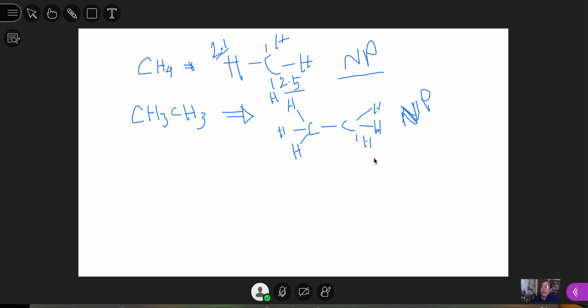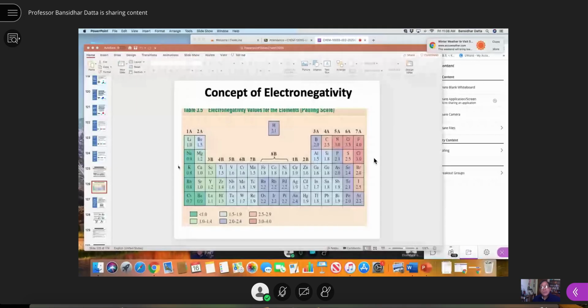Can you see the table now? Yes. So look at carbon, group 4A, 2.5, hydrogen is 2.1, fluorine is 4.0 maximum, oxygen is 3.5, chlorine is 3.0, and it goes on this way. These are all non-metals, right? I'm taking from there, and when I ask a question, I'll give you those numbers, okay?